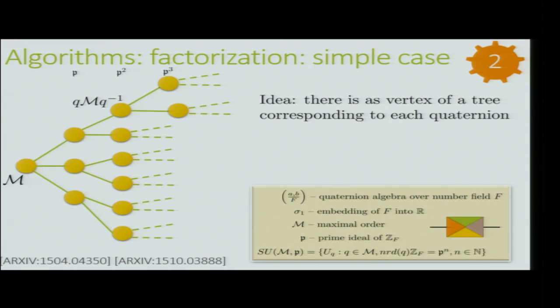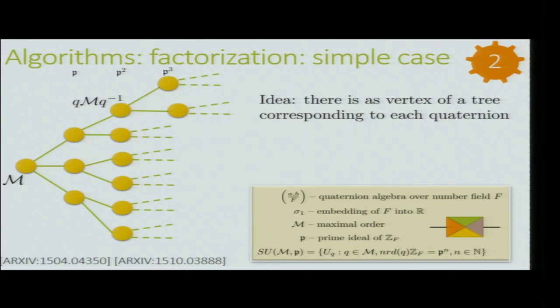In this simple case, this is how we define the neighborhood relationship. It turns out this gives you an equivalence relation on maximal orders: two maximal orders are conjugate if there exists a quaternion that transforms one into the other. Amongst that infinite set of maximal orders, how many equivalence classes are there with respect to this relation?